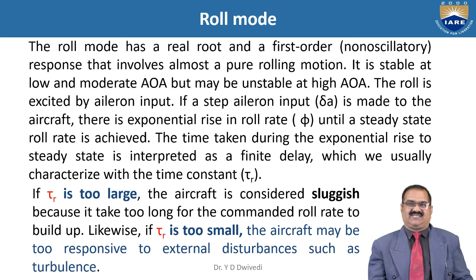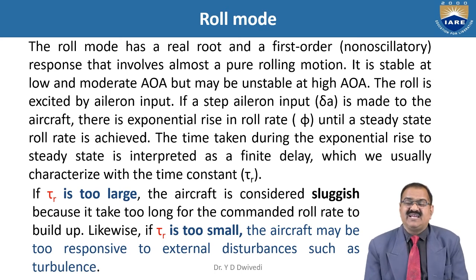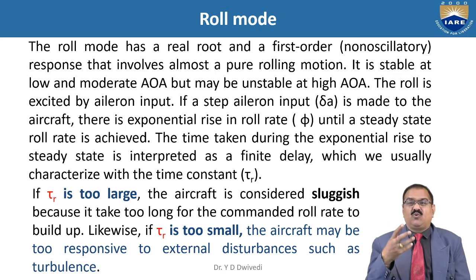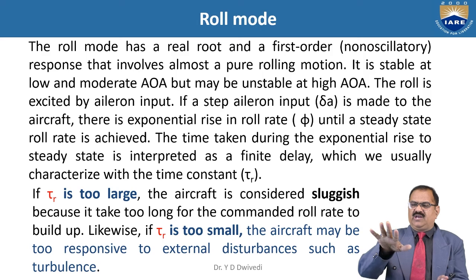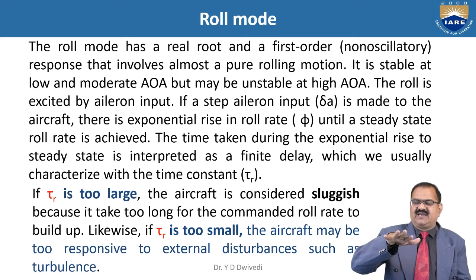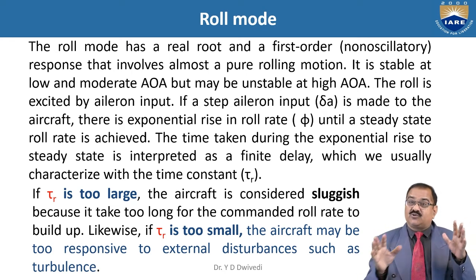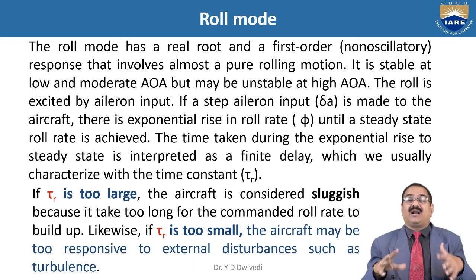Likewise, if this time is too small, 1 second or 0.1 seconds, the aircraft may be too responsive. If the pilot applies the aileron and it reacts immediately, it is called too responsive. So it should not be too responsive, and it should not be sluggish.